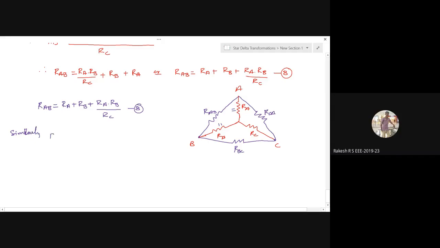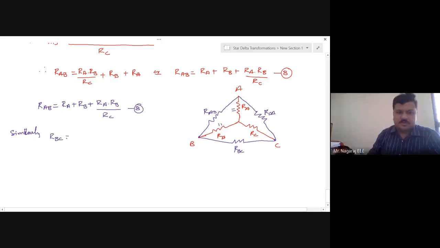RBC is facing RB and RC. So RB plus RC plus RB into RC divided by the third resistor, which is RA.